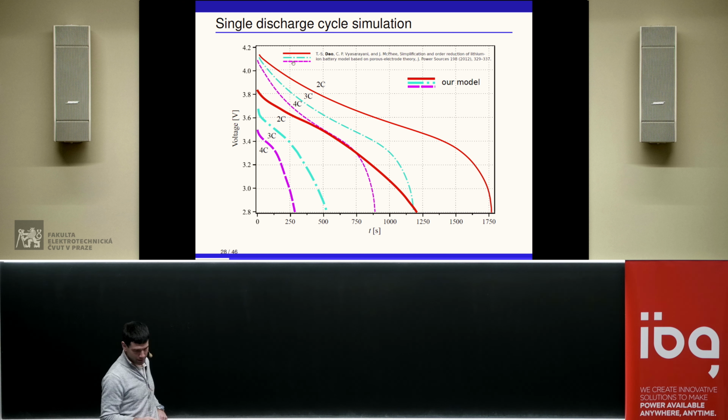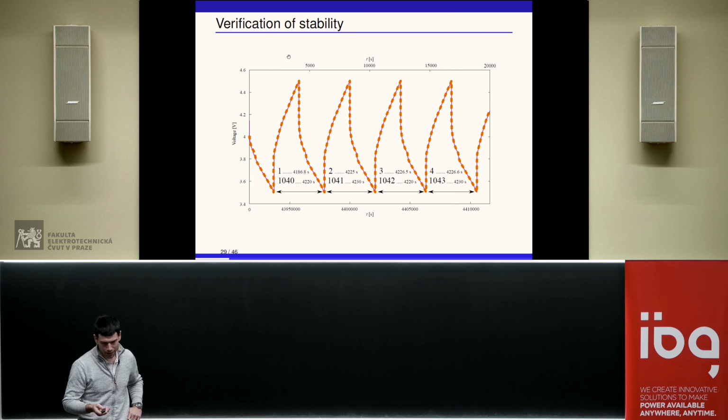So this is the dependence of voltage on time during discharge. Even at the beginning, if you are under high load, then of course the voltage has to decrease. But this is not reflected in the results by Dow. So our model seems to be better.